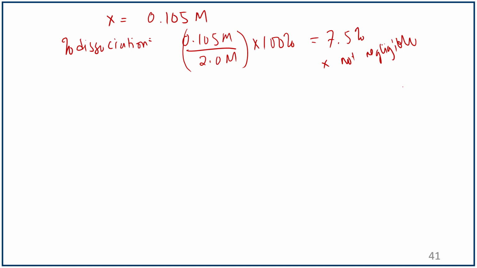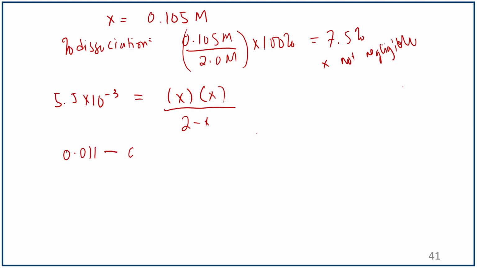Okay, so that one will now become 5.5 times 10 to the negative 3 is equal to, again, x for hydronium ion concentration, and then x for H2AsO4 minus concentration. And then this one's divided by 2 minus x. Okay, if we simplify this equation, we're going to get, and I'm going to get rid of the scientific notation, 0.011 minus 0.0055x.